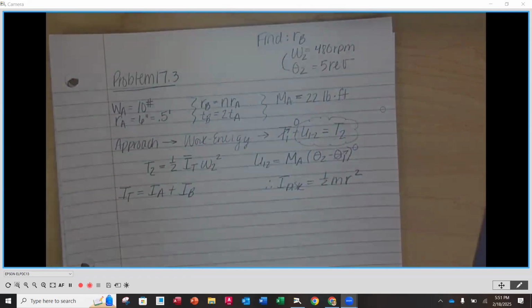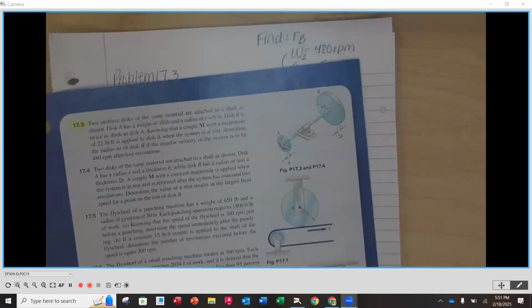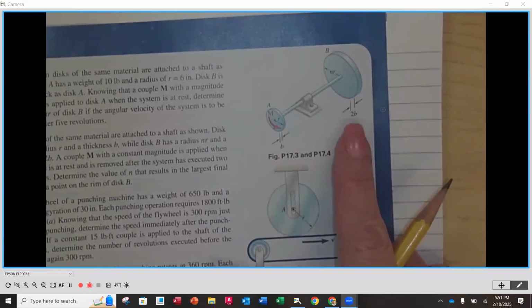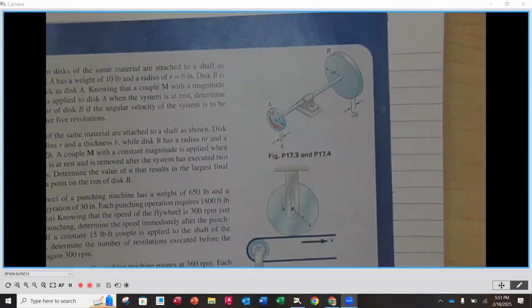Now, the other thing that we need to consider here is the fact that they told us that the thickness of B is twice that of A. And we also need to find a radius here. So when we start looking at how to relate these two bodies, the thing that we can relate them through is volume, okay?